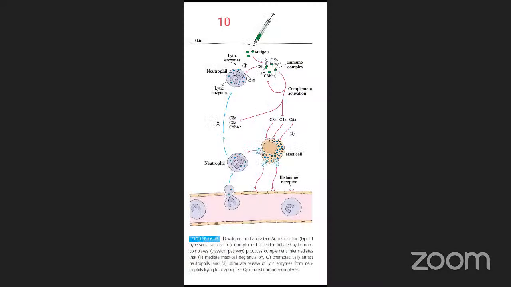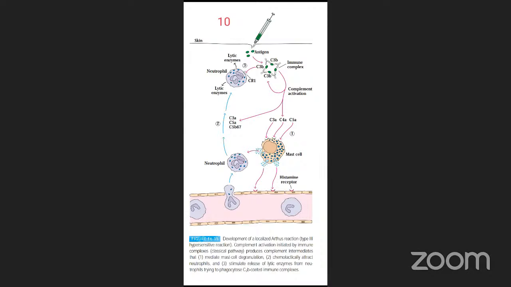Coming to the third type of hypersensitivity reaction, this type of hypersensitivity occurs when the antigen antibody complex occurs in the system. When the antigen goes and binds with the specific antibody a second time, these are the hypersensitive reactions.